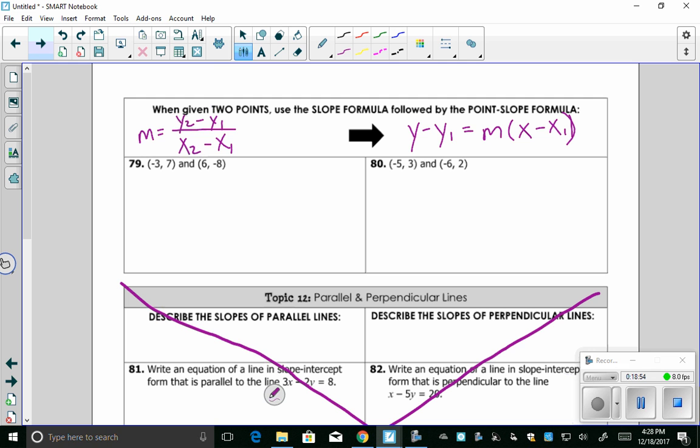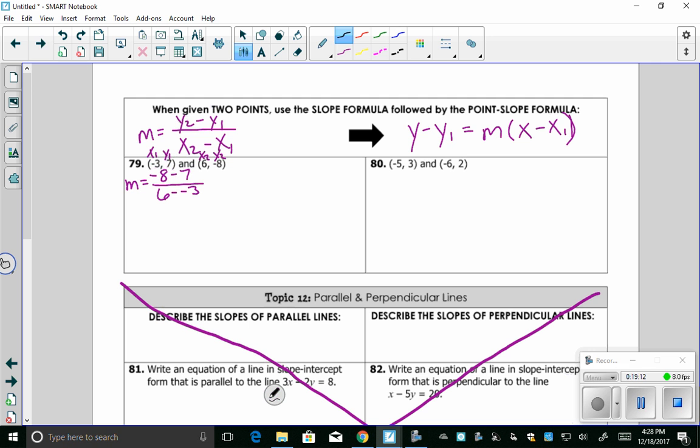So for this one, you can label x1, y1, x2, y2. So I'm going to have m equals -8 minus 7 over 6 minus -3.